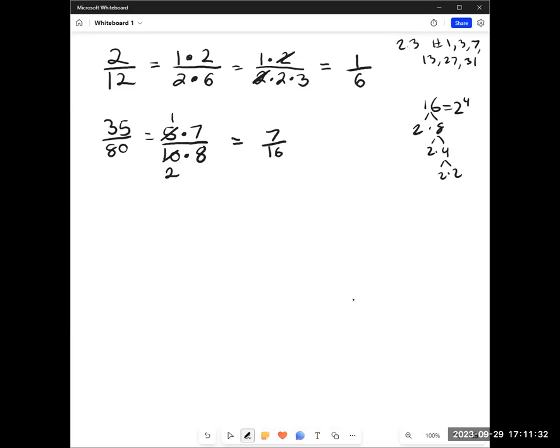The next one is going to be 20 divided by 30, which is 2 times 10 and 3 times 10. And we can get rid of those 10's. And that leaves us with 2 divided by 3.